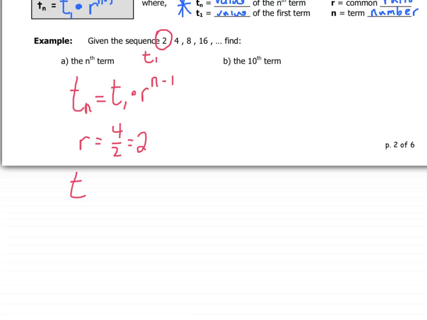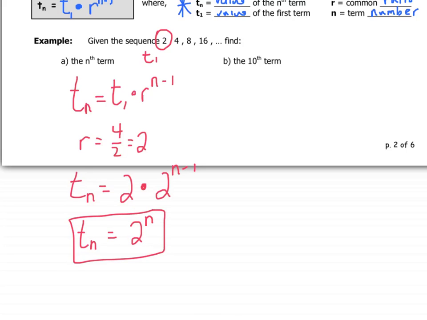So in general, if you wanted to find the nth term, you take T1, which is 2, times the common ratio 2 to the power of n minus 1. We could actually simplify this expression, and we get Tn equals 2 to the power of n. That is the nth term.